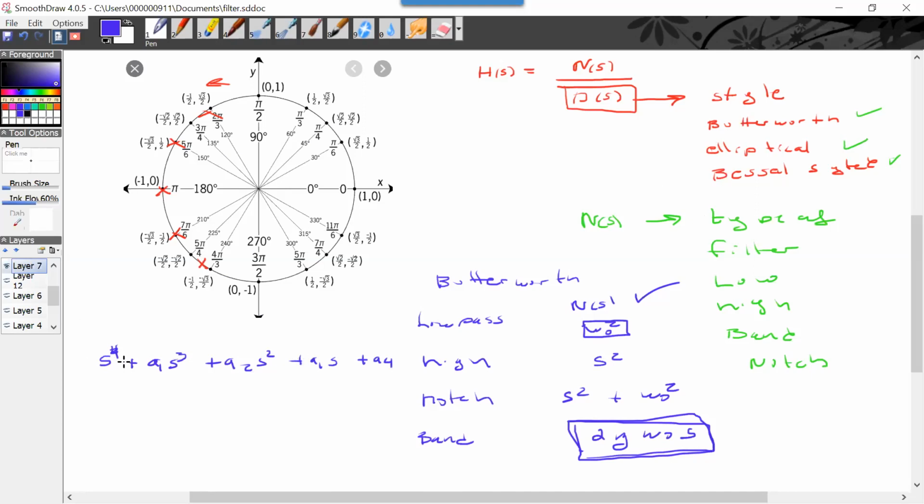That can be kind of tricky to figure out, but that can be broken up into s squared plus 2 damping coefficient 1, omega naught 1 s plus omega naught 1 squared, times s squared plus 2 zeta 2 omega naught 2 s plus omega naught 2 squared. All right.